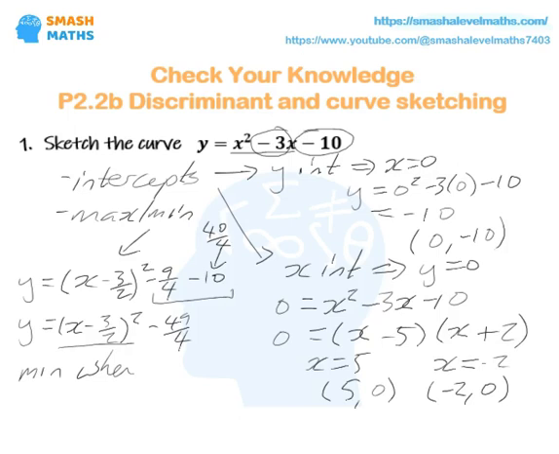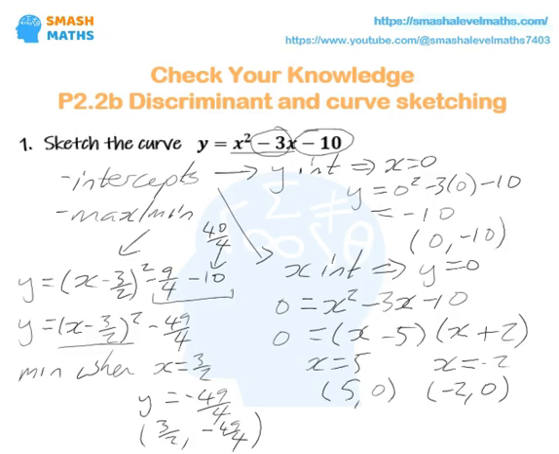You can never have a squared bracket being a negative. So that's going to happen when x is 3 over 2, because then inside the bracket you've got 3 over 2, take away 3 over 2, which is 0. And if x is 3 over 2, the square bracket is 0, leaving the y value as being minus 49 over 4. So we've got our minimum point, 3 over 2, minus 49 over 4.